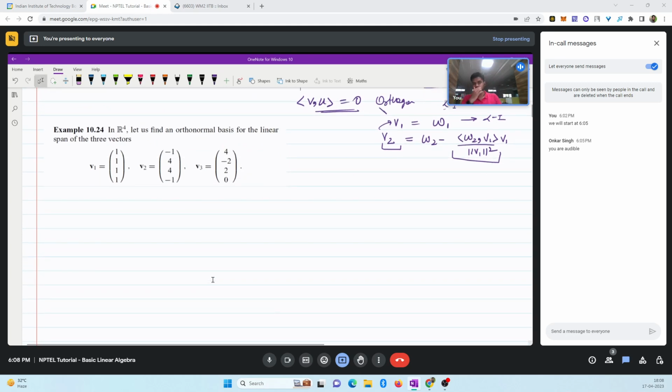Here, one more thing: we are being asked to find an orthonormal basis, not an orthogonal basis. An orthonormal basis is an orthogonal set plus vectors with norm equal to 1.